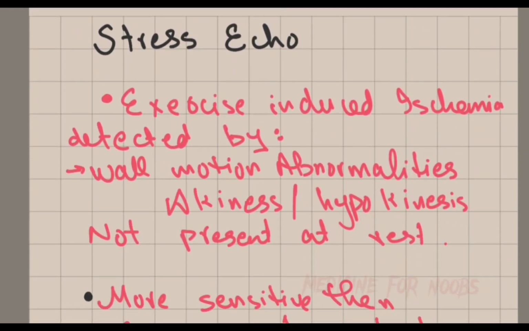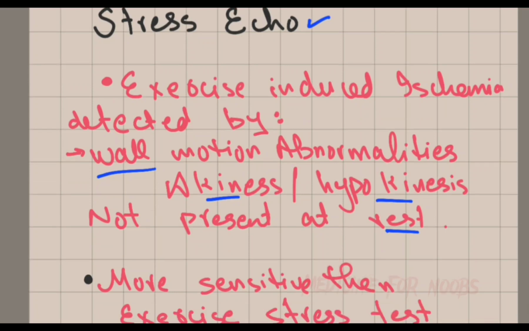Stress echo is another type of exercise test in which exercise-induced ischemia is detected by wall motion abnormalities such as akinesis and hypokinesis, which are not usually present at rest. In stress echo, echocardiography is done of the patient instead of the ECG.